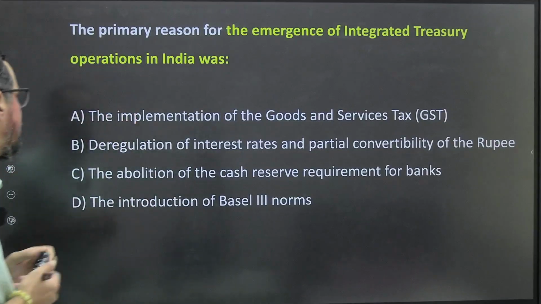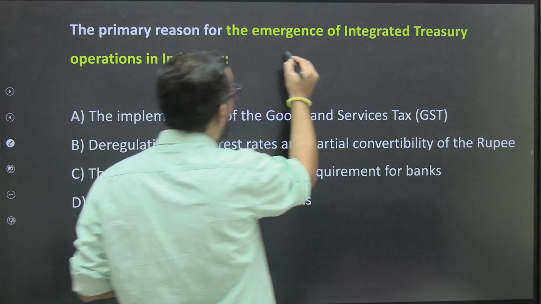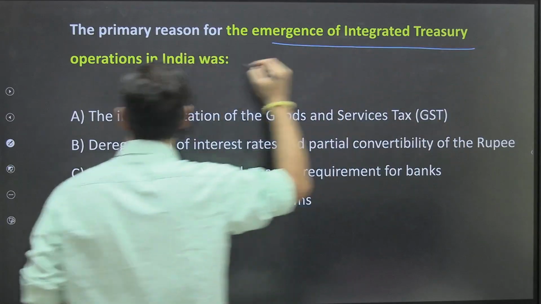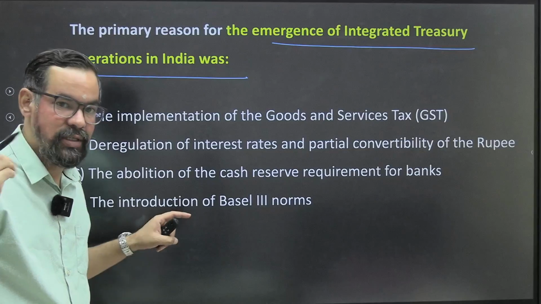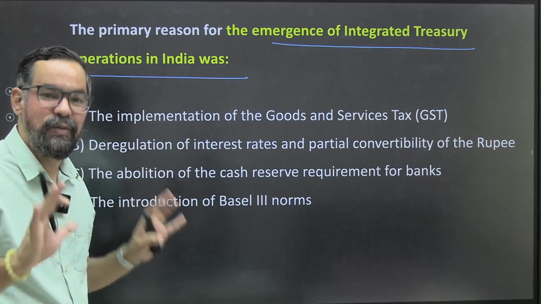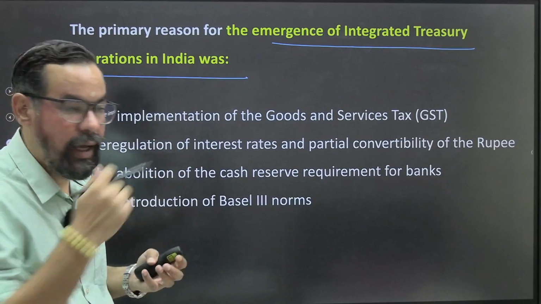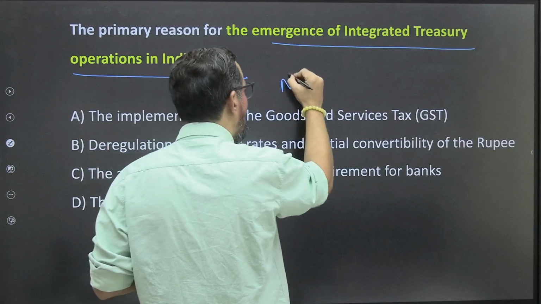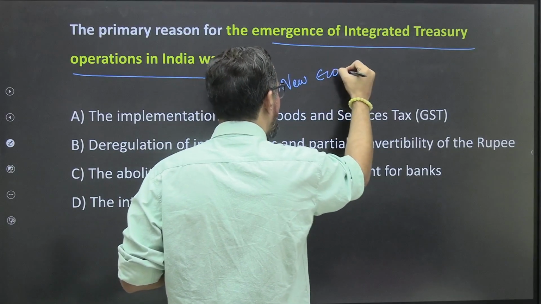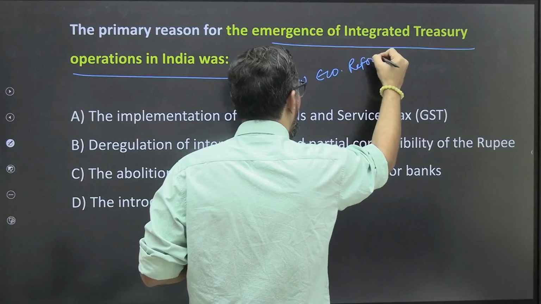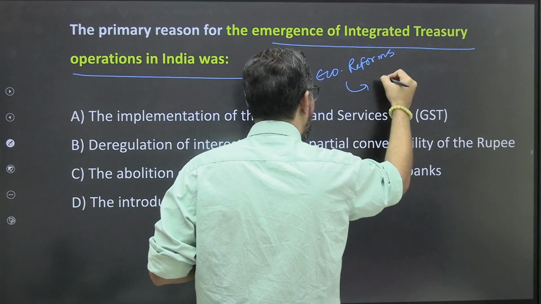Next question, guys. The primary reason for emergence of integrated treasury operation in India was, so this question we have discussed recently. It started with new economic reforms, which happened in 1991.